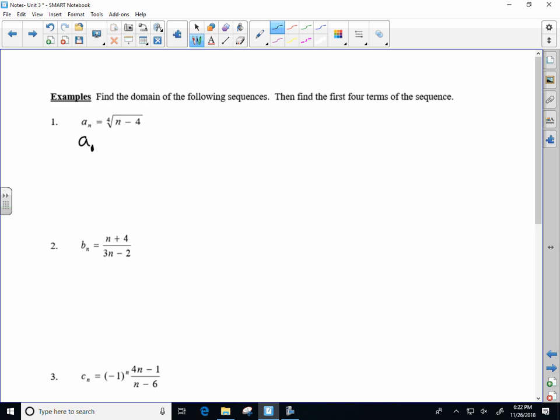So I replace n with a 1 to designate the first term of the sequence, in which case I'm looking at the 4th root of 1 minus 4. All right, so that's a problem. Let's keep going until it's not a problem. Well, at least this one time anyway. 2 minus 4.